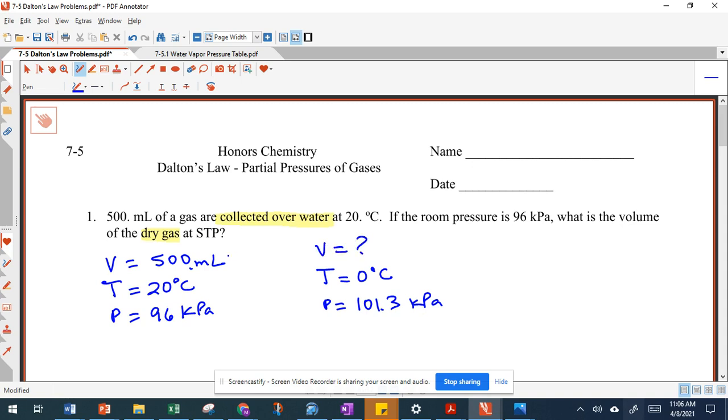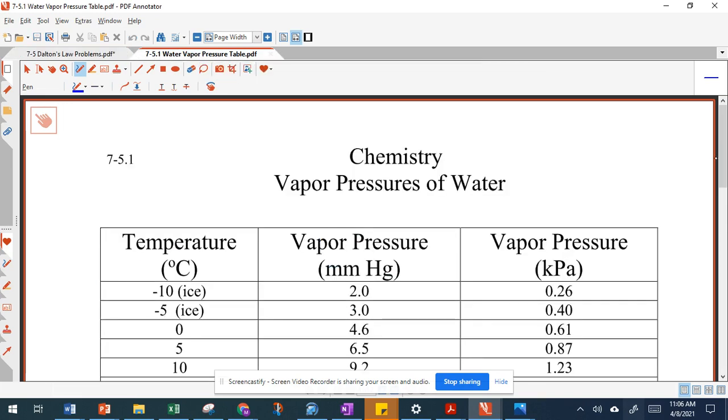So we know that this initial pressure that we have is the wet gas. So what we need to do is get rid of the water vapor. So we need to go to a table, and this is in Google Classroom, of the water vapor pressure. So we're at 20 degrees Celsius when we have the wet gas.